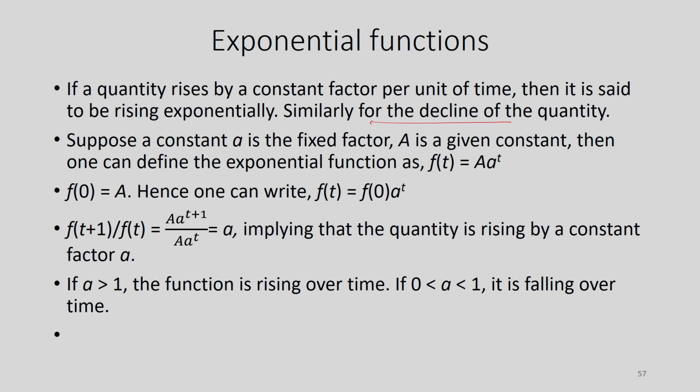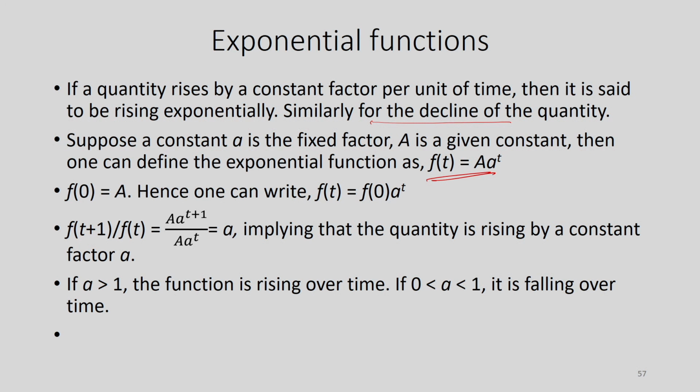Suppose a is a constant, that fixed factor, and capital A is a given constant, then one can define the exponential function as f(t) is equal to capital A multiplied by small a to the power t.